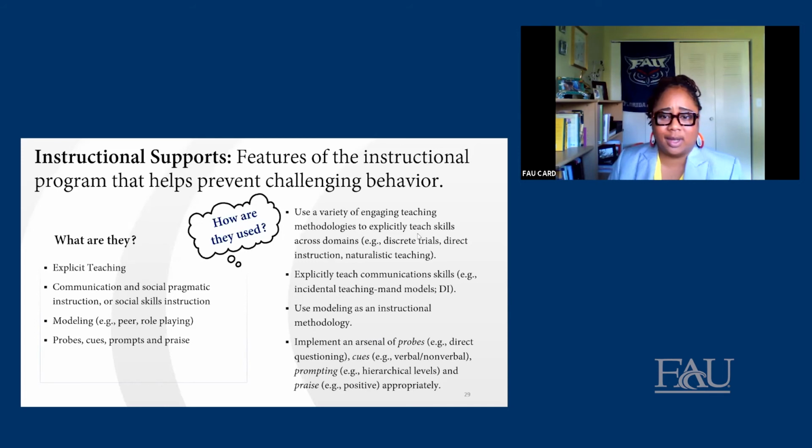So we use methodologies such as discrete trials, direct instruction, naturalistic teaching. These methodologies should be familiar to you as a teacher of children with autism, but we can also use them to teach appropriate social skills.